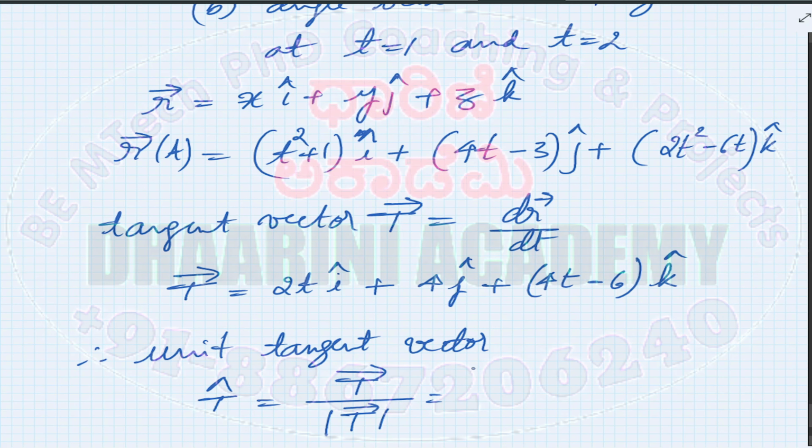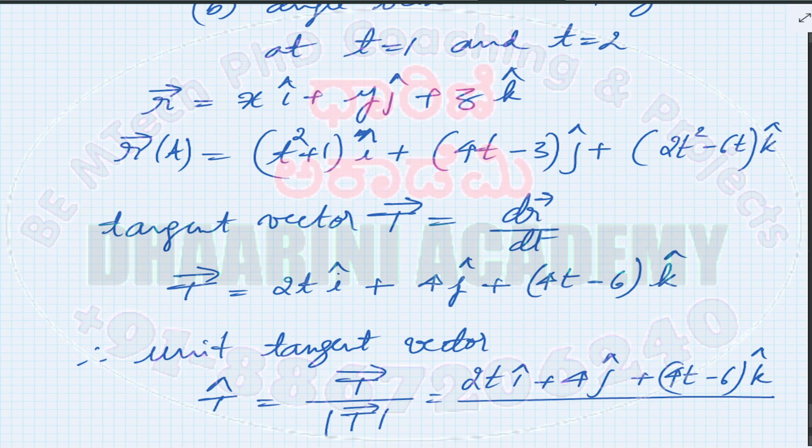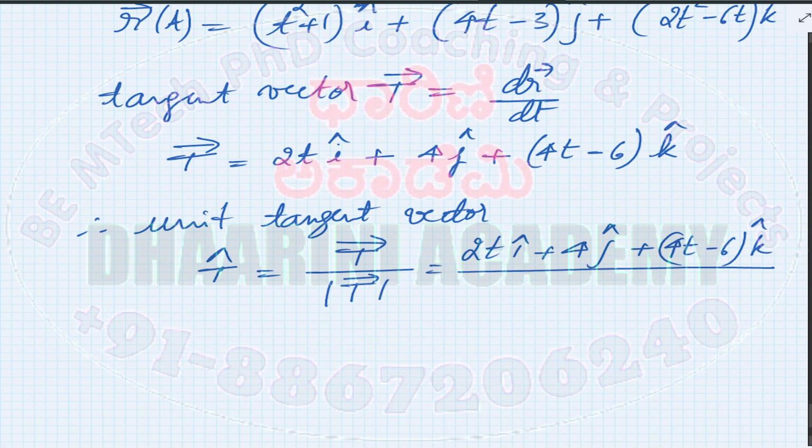So let's write the vector t as it is. So what is vector t? Vector t is like this. So 2t into I cap plus 4 times j cap plus 4t minus 6 into k cap whole divided by, so if you remember the concepts of taking the magnitude of a vector, then it has to be square root of every term squared.